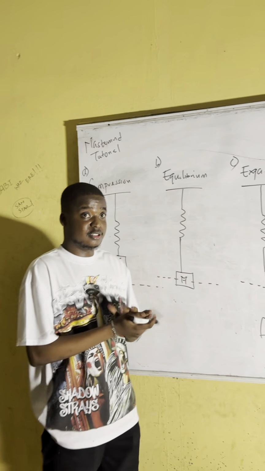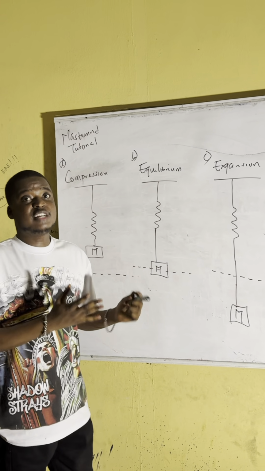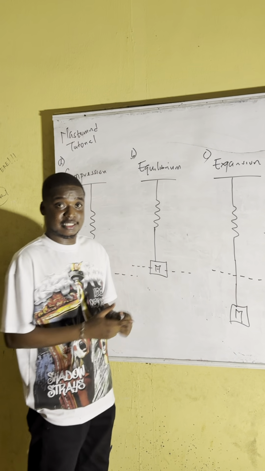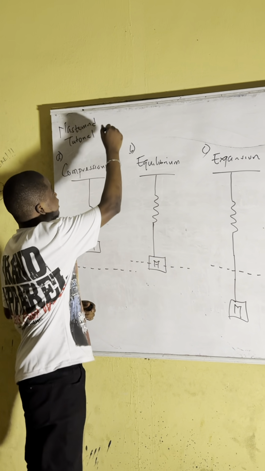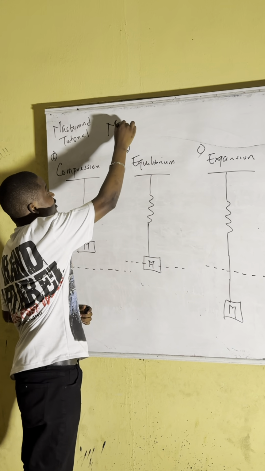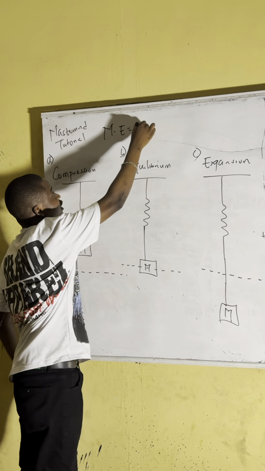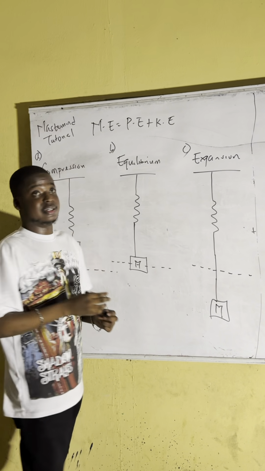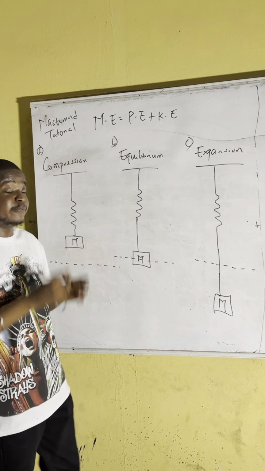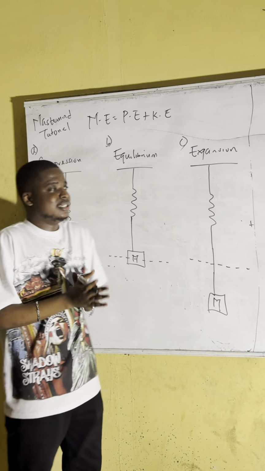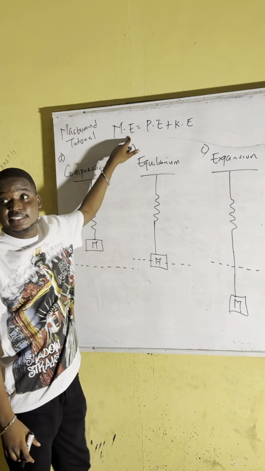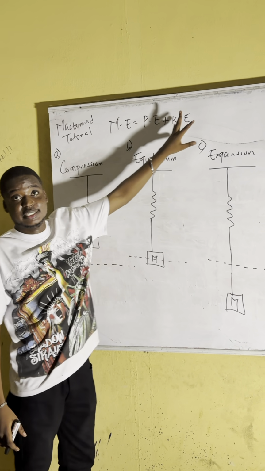Now, just a quick review. As long as friction is absent, as there is no friction in the system, the mechanical energy of the mass spring system is equal to potential energy plus kinetic energy.